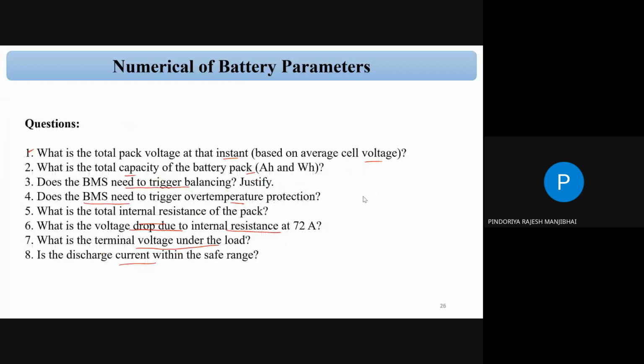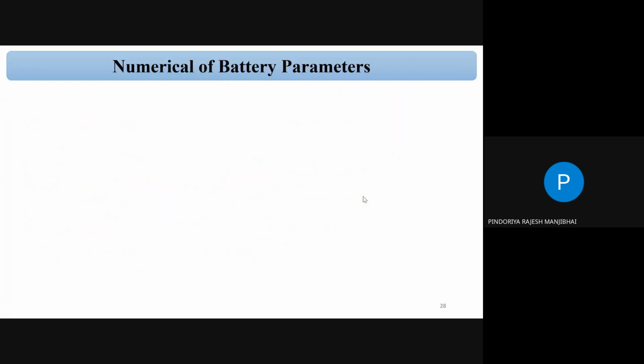Okay. So let's see the third part, balancing check. First we have to find out the voltage difference, correct?